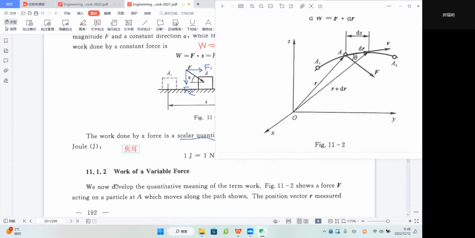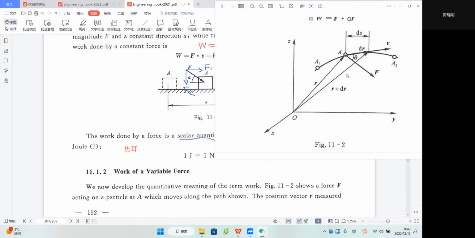So here is the work of a variable force. Let's say now quantitative work. In this phase, force F acts on the particle as it goes along from A1 to A2.